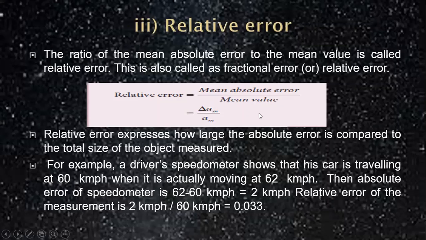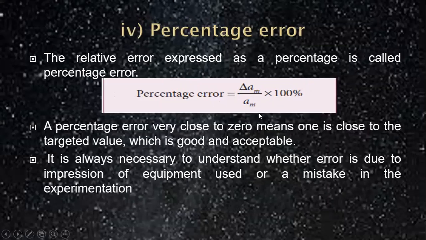So this is how we find the relative error. The next one is called the percentage error. The percentage error is nothing but the relative error expressed as a percentage. In order to find the percentage, you have to multiply by 100. So percentage error is equal to delta AM by AM into 100 percent. A percentage error very close to zero means one is close to the targeted value, which is good and acceptable.